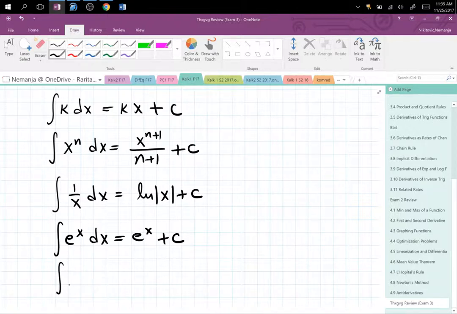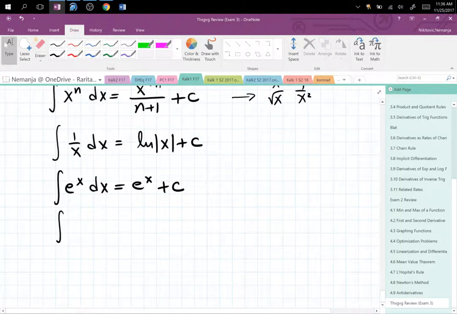So apart from trig, are we missing anything? I don't think so, because this one over here takes care of x squared and square root of x and 1 over x squared. So that one takes care of all of those. We have the constant one on top. We have the 1 over x, which creates ln x and the absolute value, and we have e. So all that's left is trig.